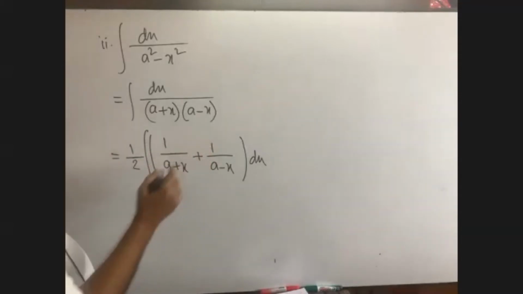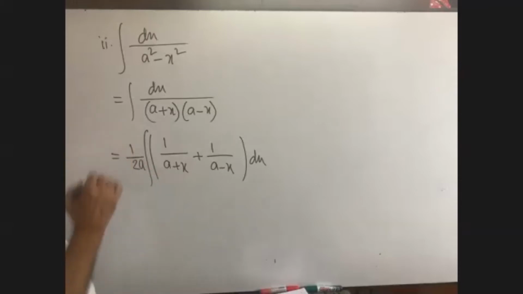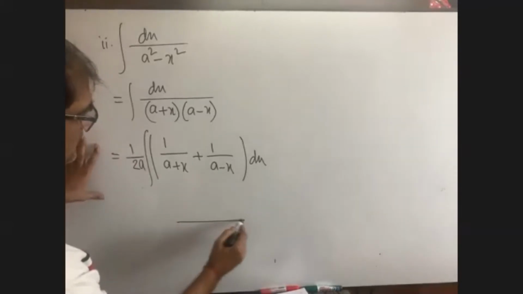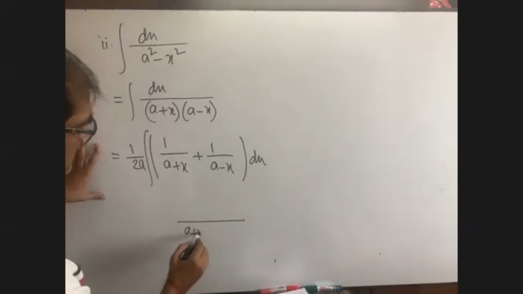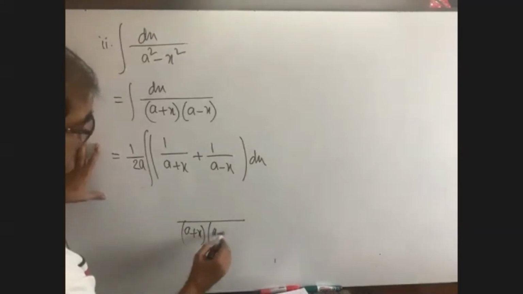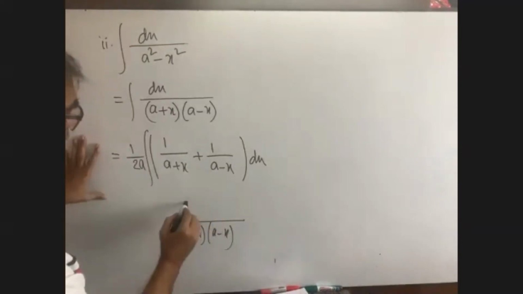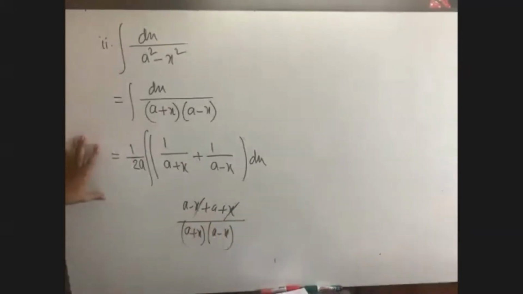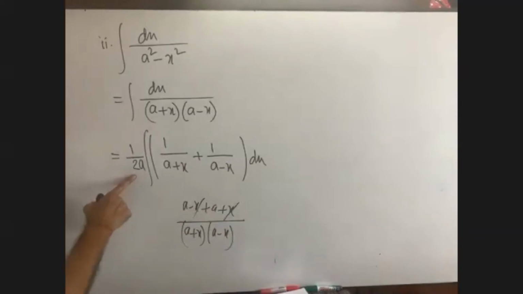Here it is 2a. If I write 2a, now are we getting the result? Okay, you are not getting it. What is its result? Let me know. Its result is a plus x, a minus x, and x is omitted. Now if I take here 1 by 2a, this is a plus a, 2a will be omitted.